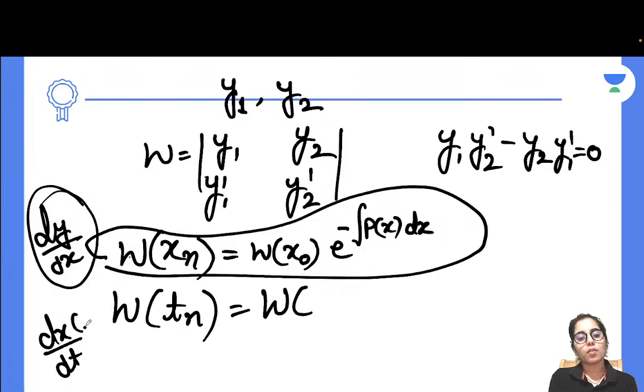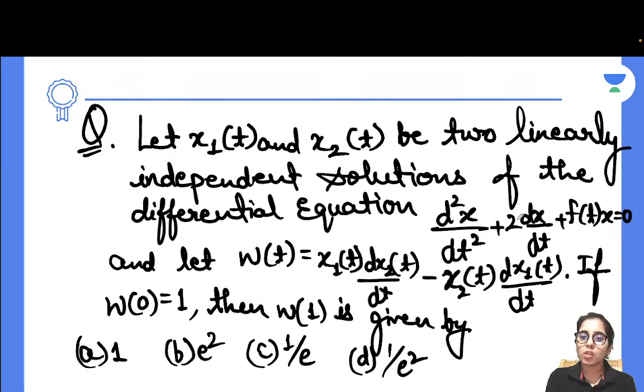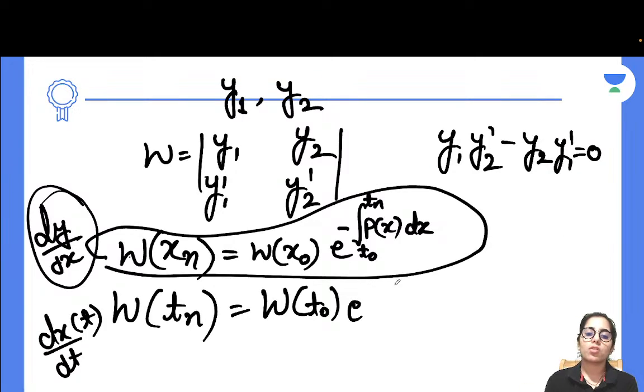So x is a function of time, and our expression will change to this form. Even for the integration, you have to take the limits t naught to t. What is p? P is the second term, which is the coefficient of dx over dt. Even with sign, you have to take it. But here the sign is positive, so I don't need to worry about that. Just take positive 2 then.